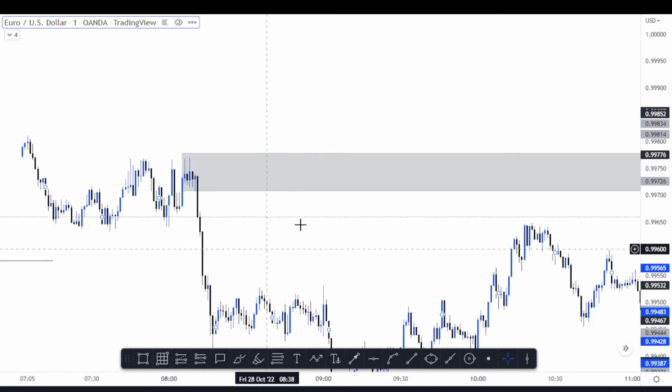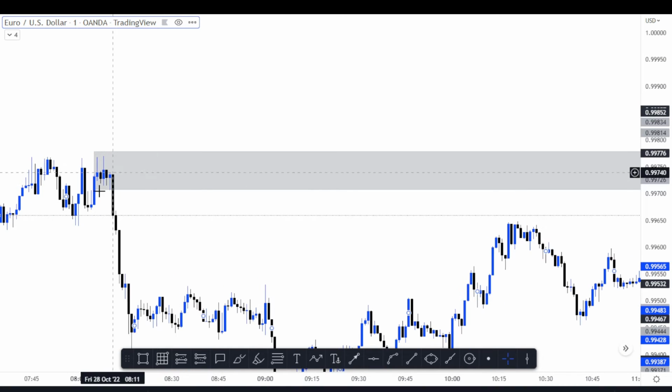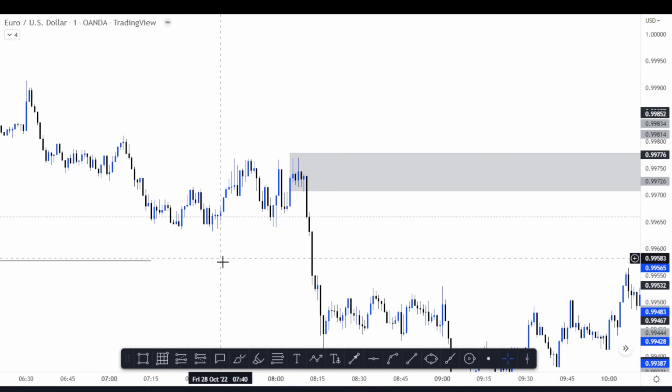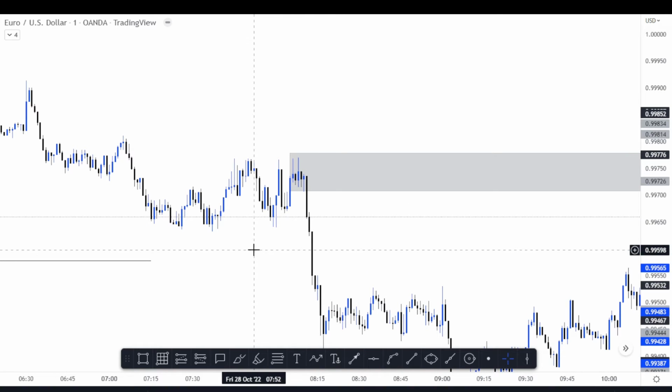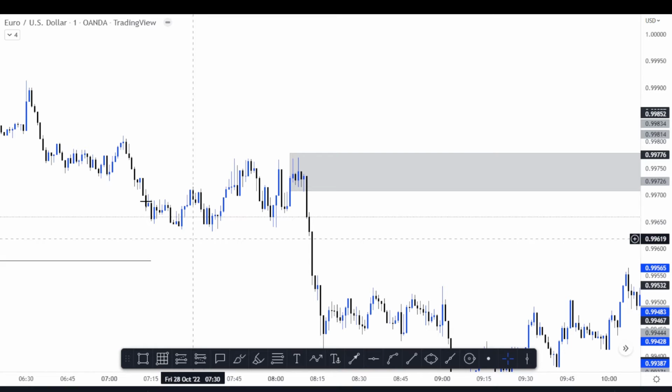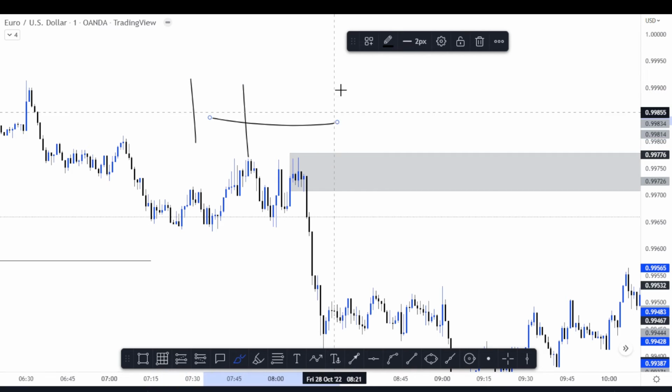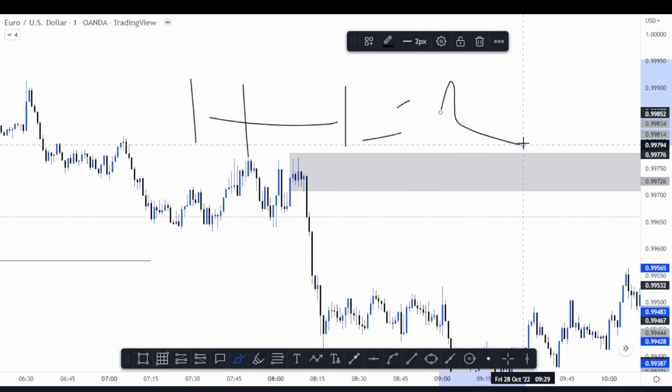Now what makes this zone a valid zone for me? One of the things that makes this zone a valid zone for me is the fact that it has changed character. Now understand this, it's not all about change of character, it's not all about break of structure. You have to combine everything, because 1 plus 1 is equal to 2, right?